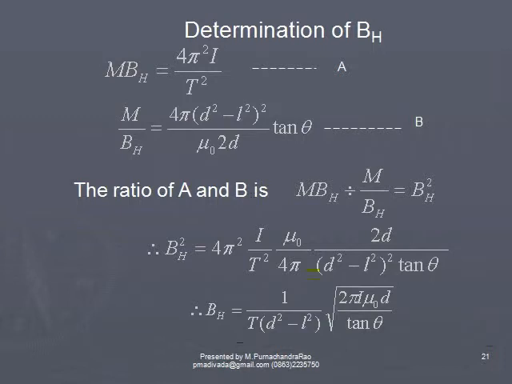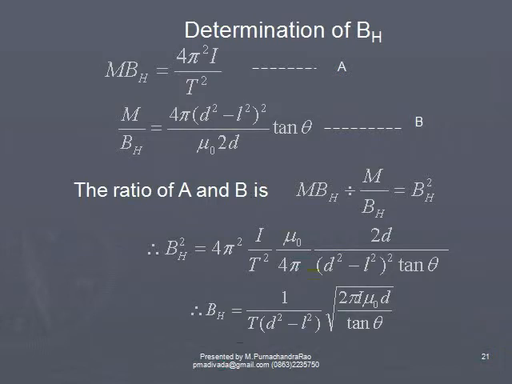Also, we got the relation for M by BH from deflection magnetometer. M by BH is equal to 4 pi by mu naught into d square minus L square whole square by 2d whole multiplied by tan theta.